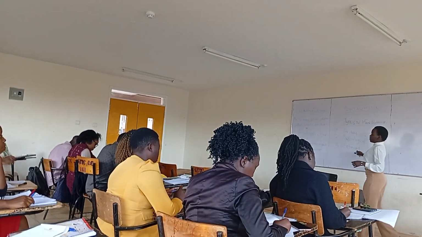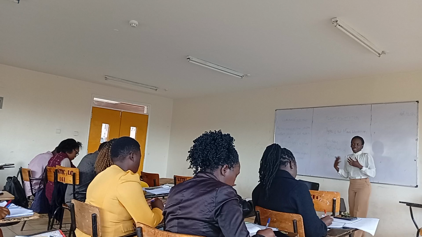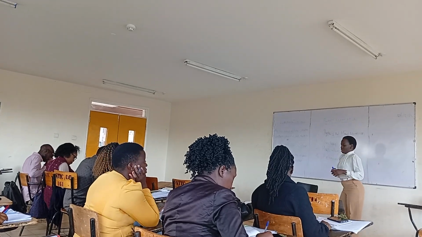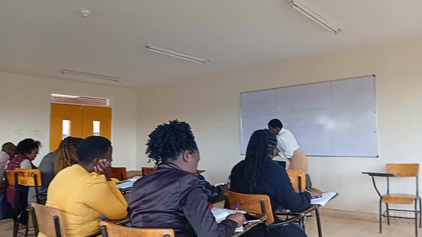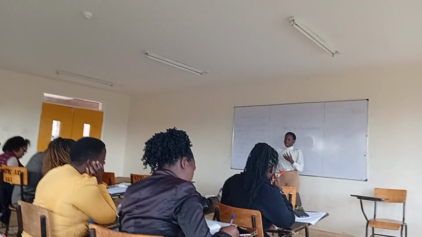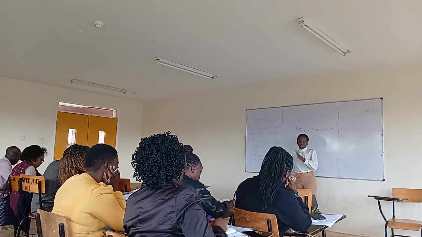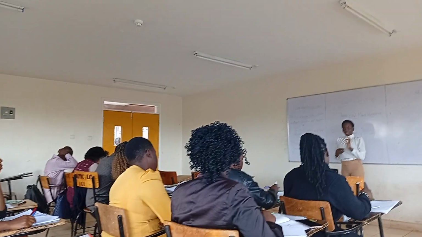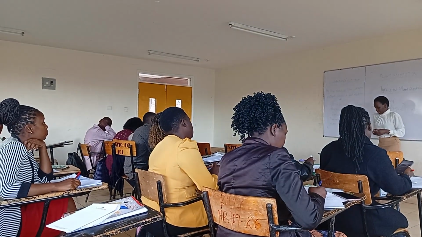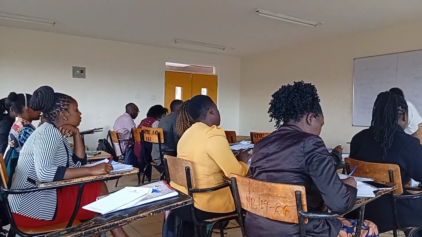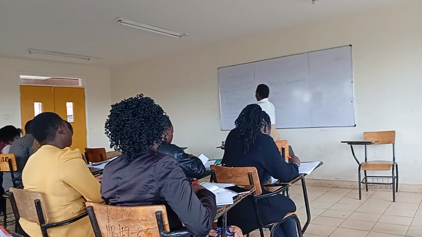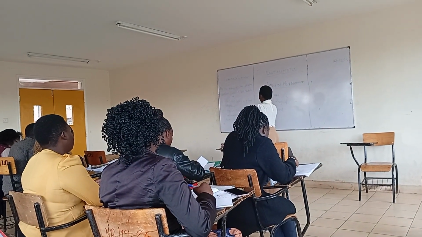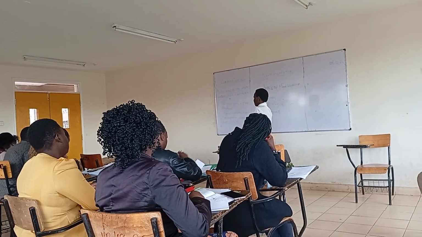And then we have the behavioral, how plants behave towards the stimuli. Example, have you ever seen a sunflower? You see that it's turning towards the light, right? So that's called phototropism. So let's go to the next learning outcome, which is to explain ways in which plant adaptations support their survival.